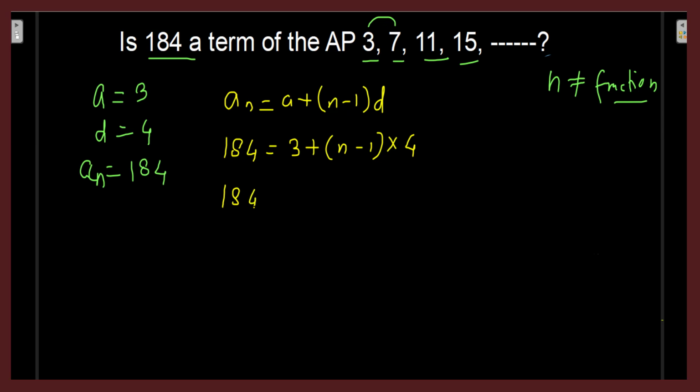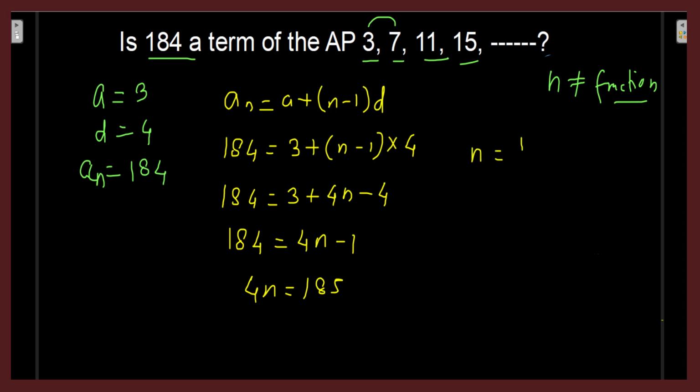So 184 is equal to 3 plus, multiply by 4 inside the bracket, so it will be 4n, and 4 ones are 4, that is minus 4. So 3 minus 4, that will be minus 1. So 184 is equal to 4n minus 1. Take minus 1 to this side, it will be plus 1, and so 4n is equal to 185. So n will be equal to 185 divided by 4.